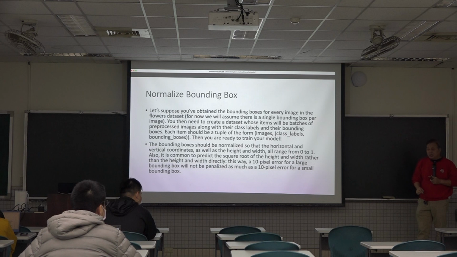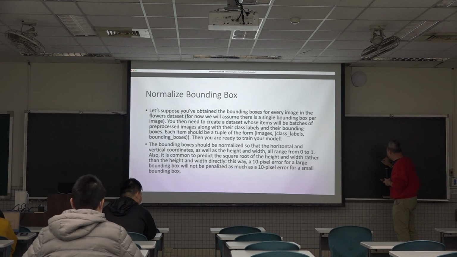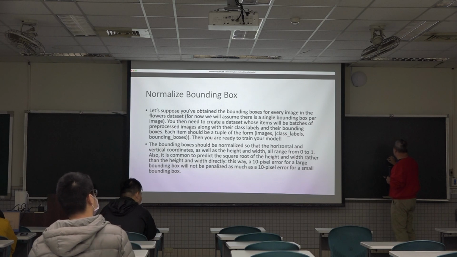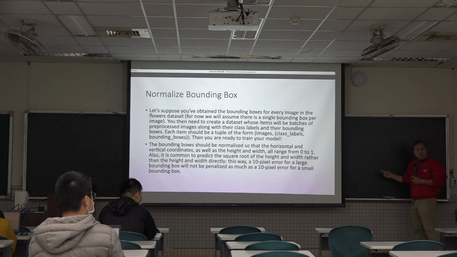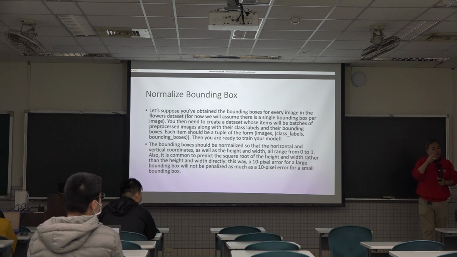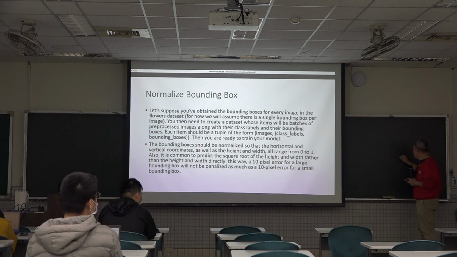For the small one, 10 plus 10 is 20, and the square root is 4 point something. The square root of the original 10 is 3 point something, so the difference is about 1.